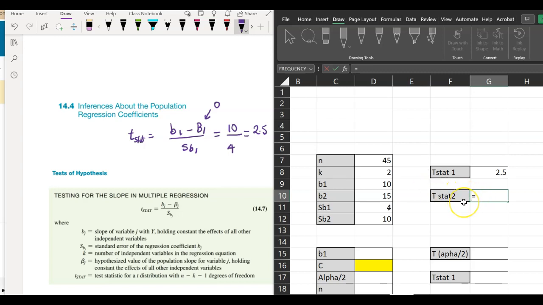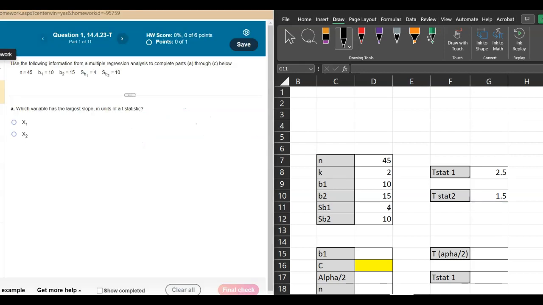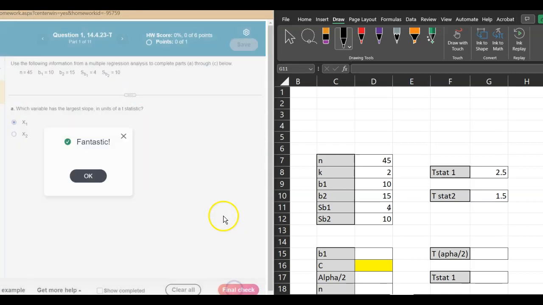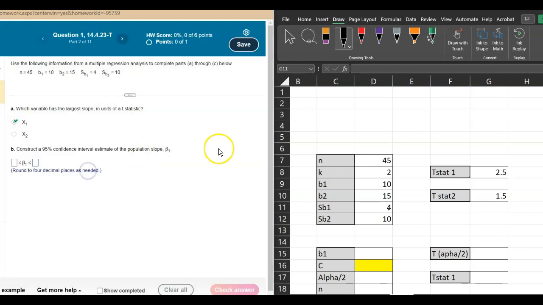Equal sign and click on the 15 divided by the 10 over here, and that's 1.5. Now since 2.5 is greater than 1.5, we're going to go with x1 has a greater slope. So we select x1 here, we check, and we got it.